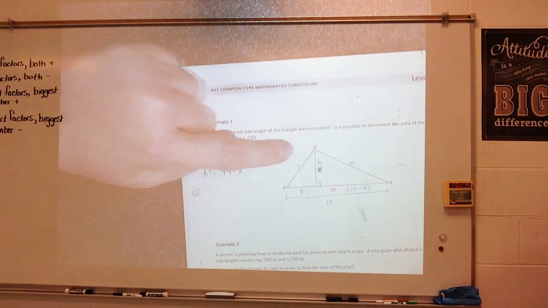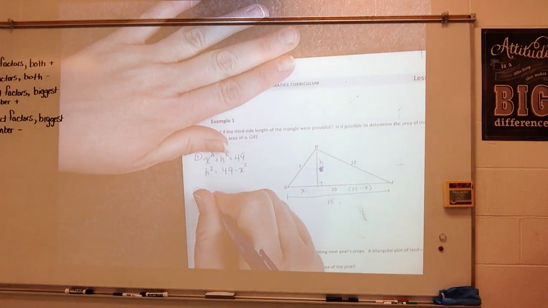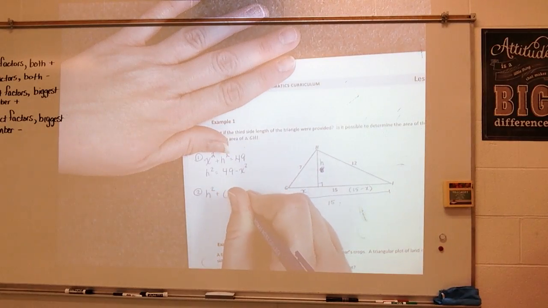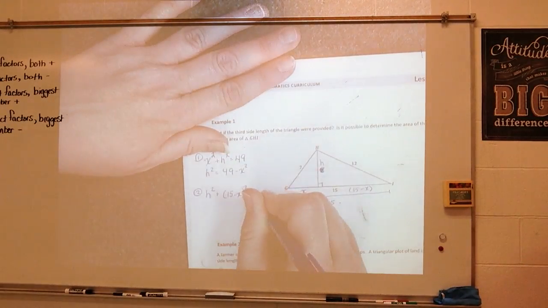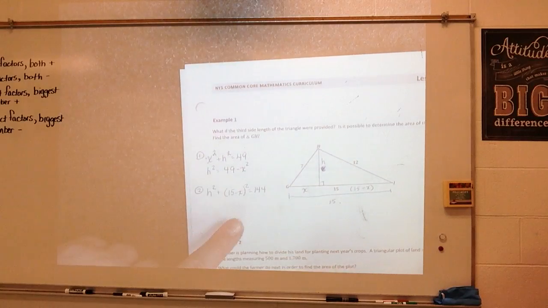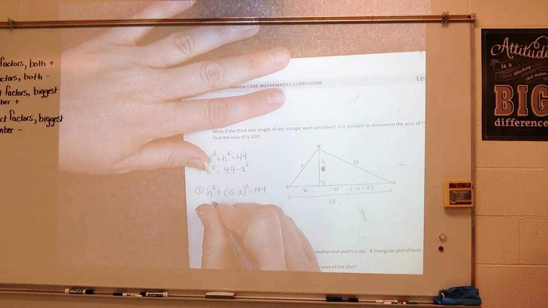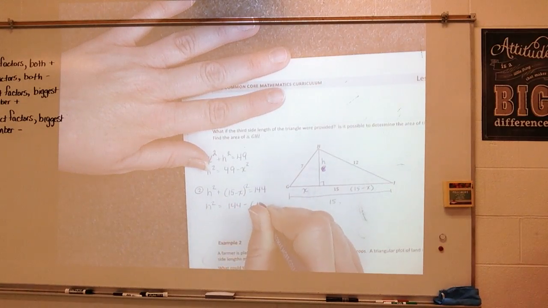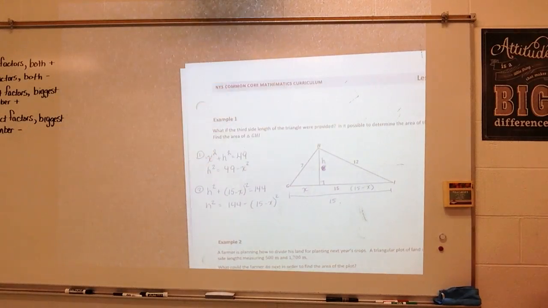Alright, so h squared plus (15 minus x) squared is equal to 12 squared, which is 144. Alright, so I'm going to subtract this (15 minus x) squared. So I get h squared is equal to 144 minus (15 minus x) squared. Now I can go ahead and simplify this.